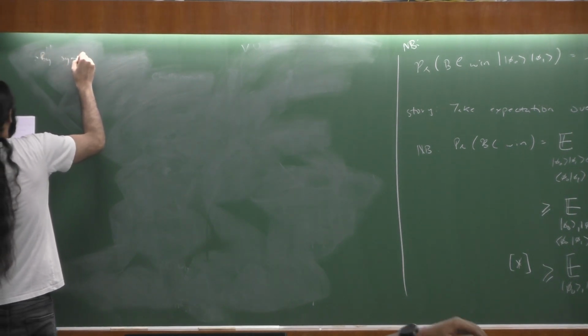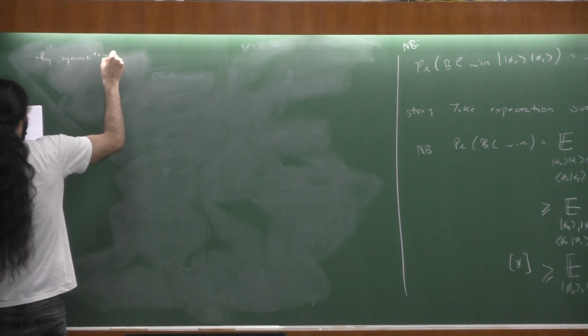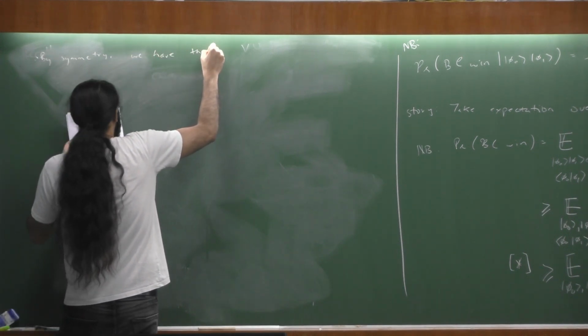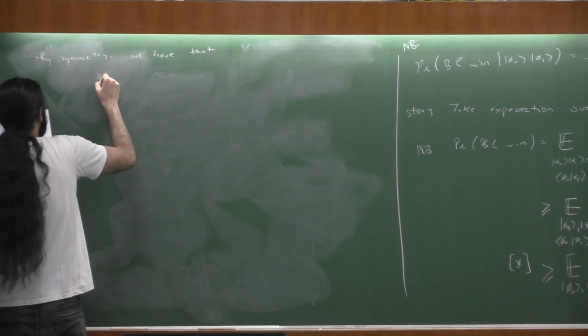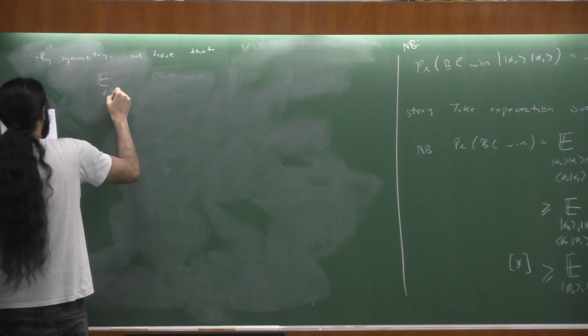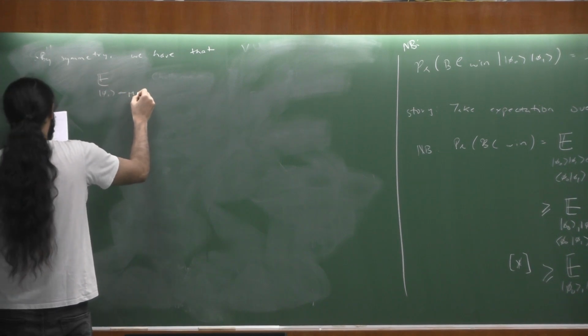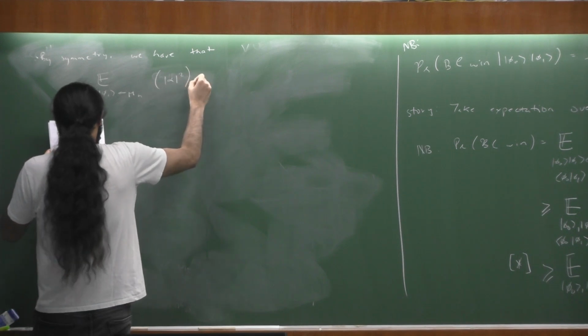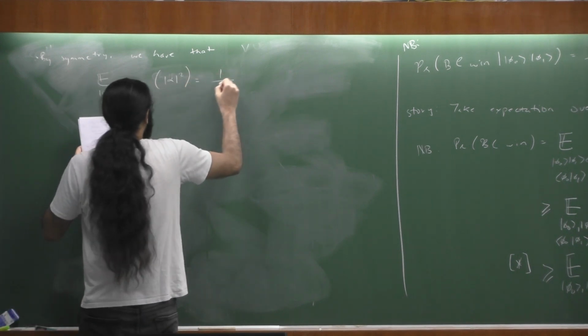So by symmetry, we have that the expectation over phi 1 from the spherical measure of mod alpha squared has to be 1 by 2 to the lambda.